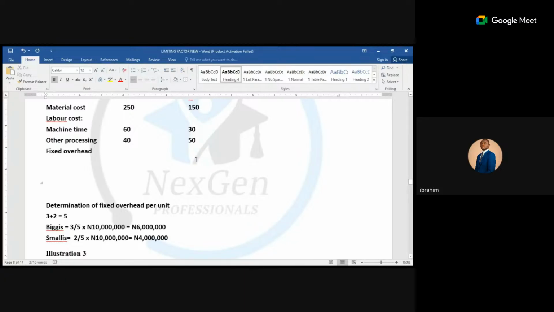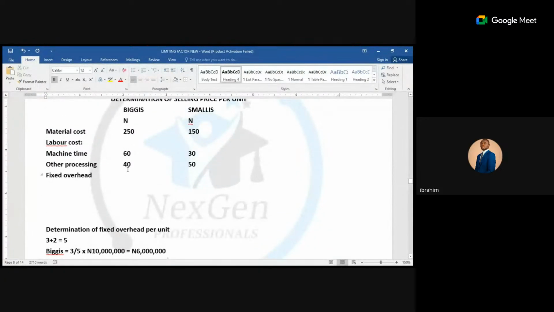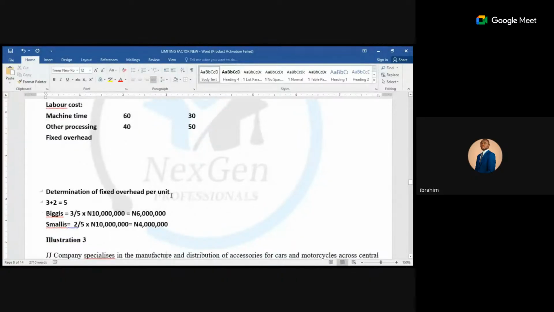Class, but what we need is the fixed overhead per unit, fixed cost per unit, because all these are in units. Can you see? 250 naira per unit, 60 naira per unit. But what we have here is the total cost that will be allocated to biggies, which is 6 million. We cannot put 6 million here. We have to get the fixed overhead cost per unit. So if you want to get the unit, we divide by what?